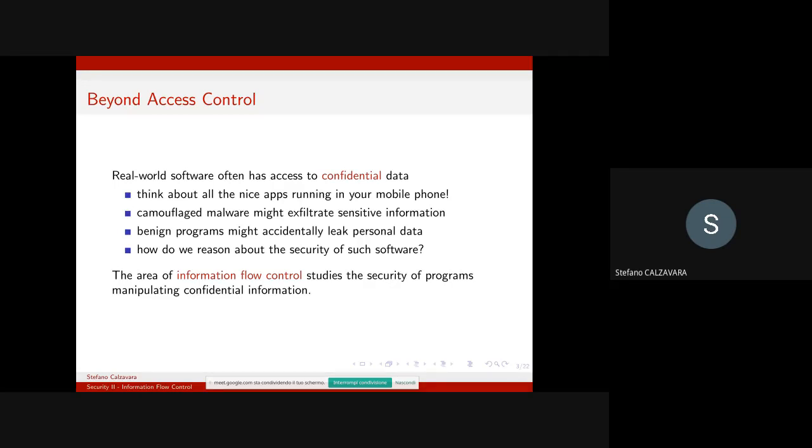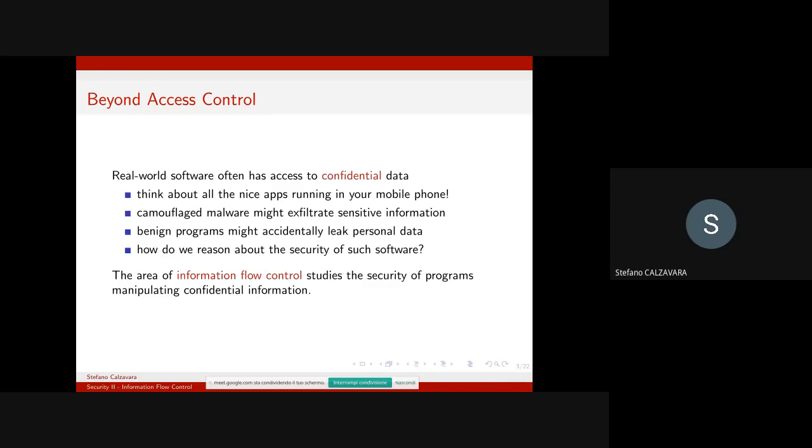And this leads to complicated cases, like the case of malware, which is something I just mentioned, which is trying to disguise as benign software, but it's actually exfiltrating sensitive information for malicious use.